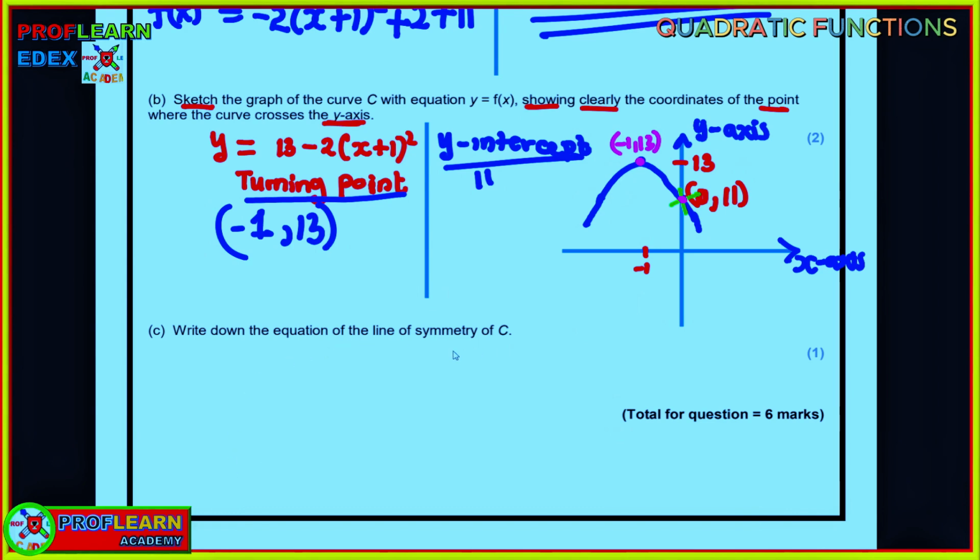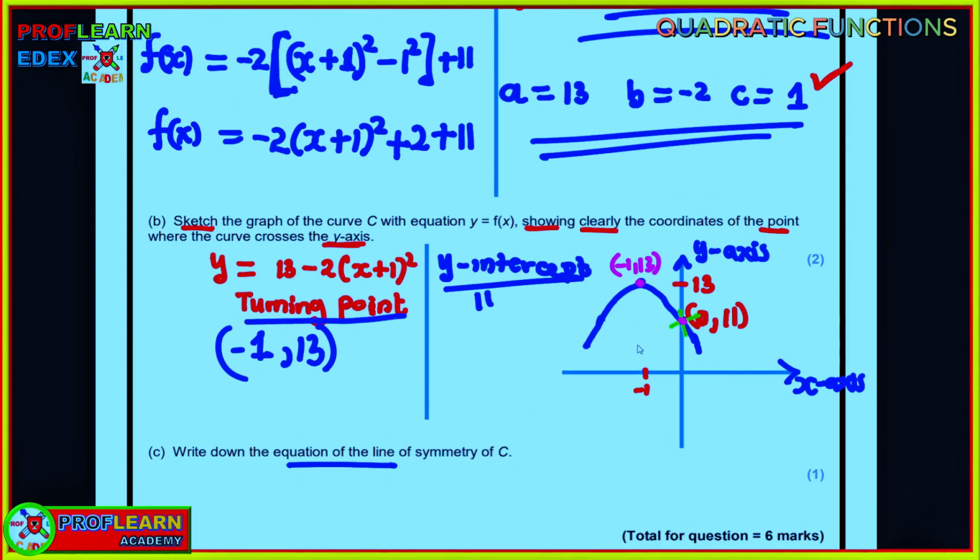Write down the equation of line of symmetry. Remember, I mentioned in the previous section that quadratic graphs are symmetrical. If we draw a line that passes through the turning point like that, this line subdivides the curve into two halves.